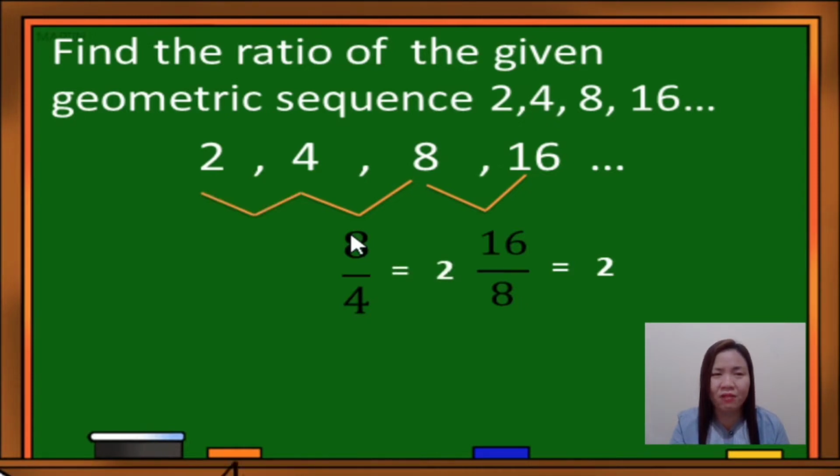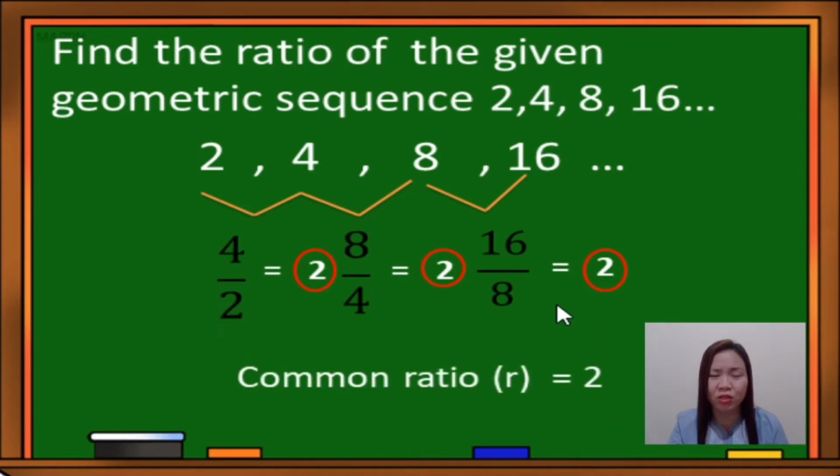Another, 4 divided by 2, and the quotient is 2. Kindly observe, class. What can you see here? They have the same quotient. So therefore, they have a common ratio which is 2.